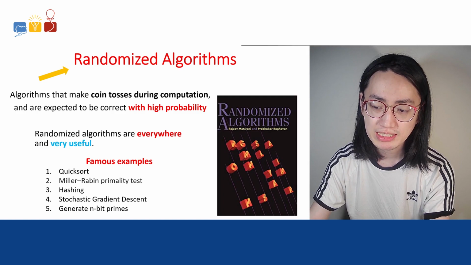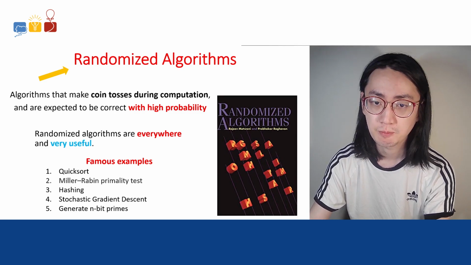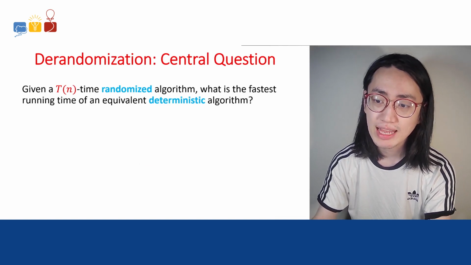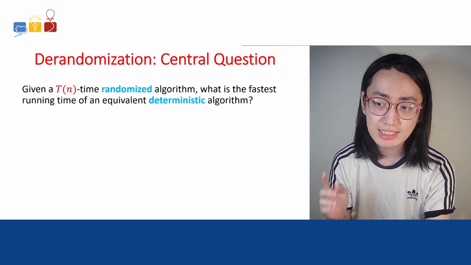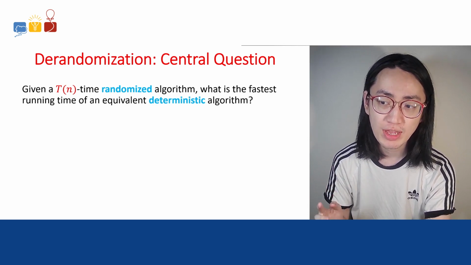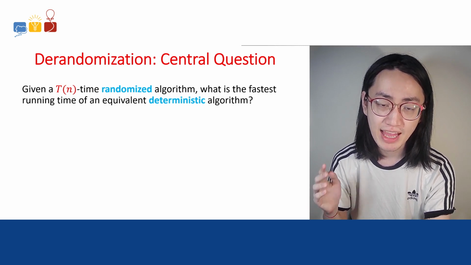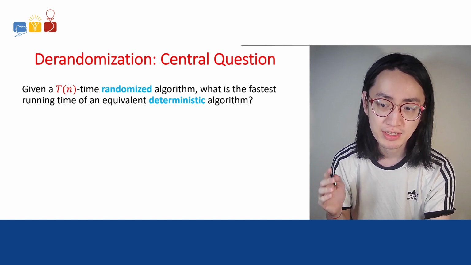For more examples, there is a famous book on randomized algorithms containing dozens of important randomized algorithms and their applications. So what does derandomization mean? As the name suggests, the process of derandomization asks us to convert a given randomized algorithm into an equivalent deterministic algorithm solving the same task, which does not use any randomness.